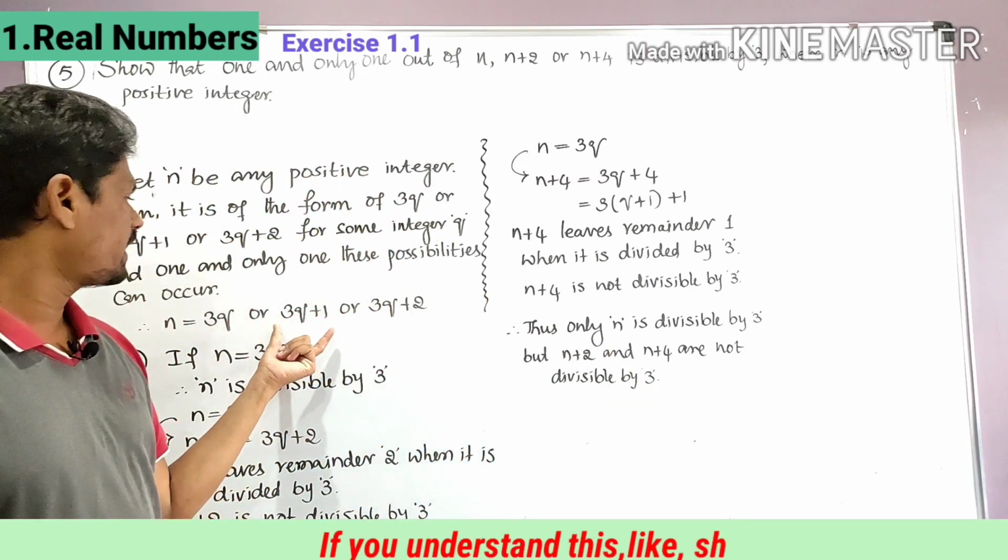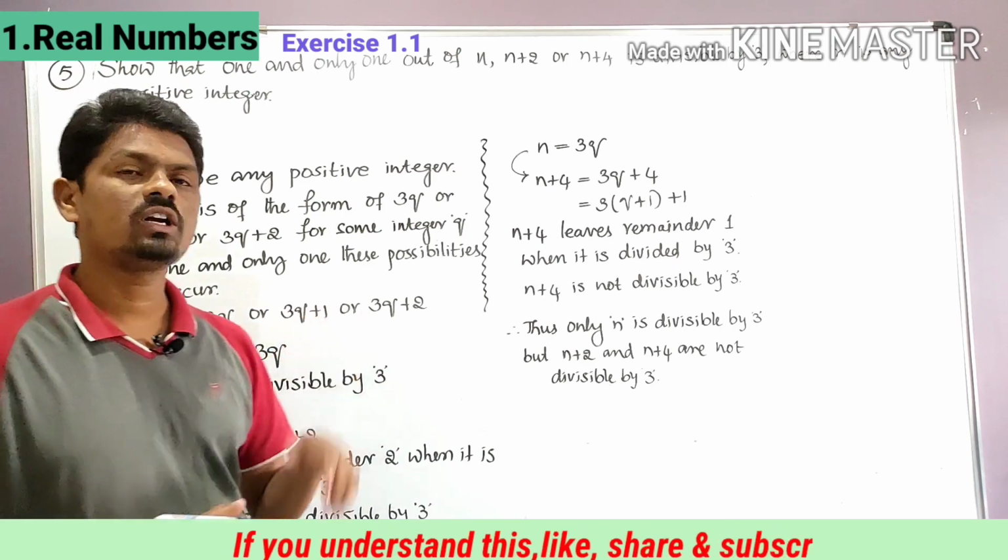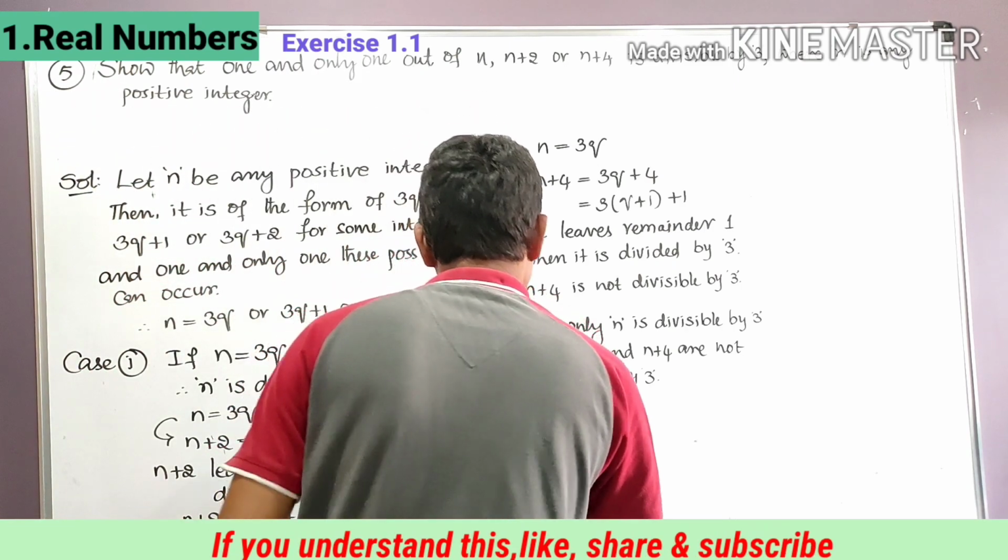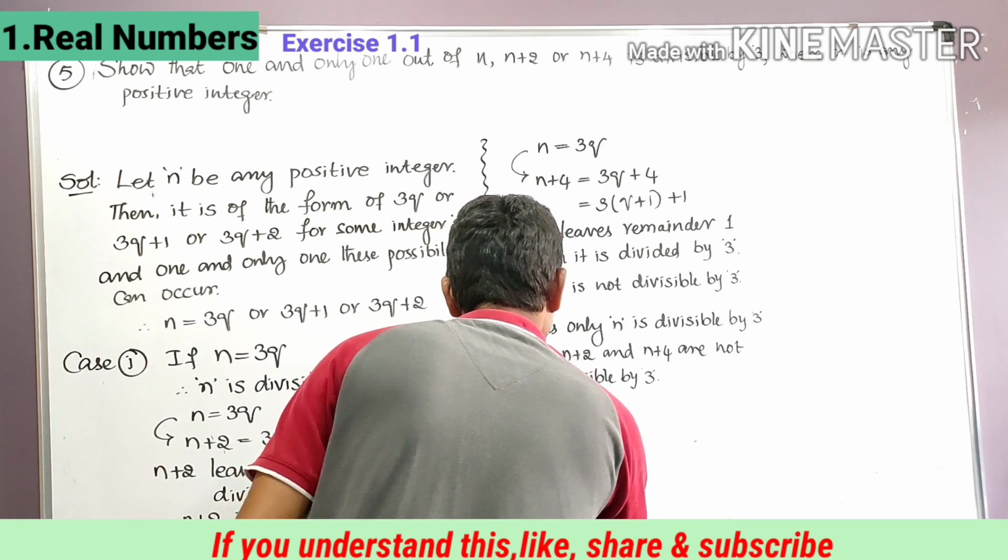So again we have to take n is equal to 3q plus 1, student, in the second case. So we have the second case, case 2.